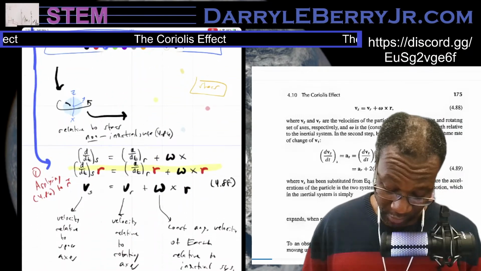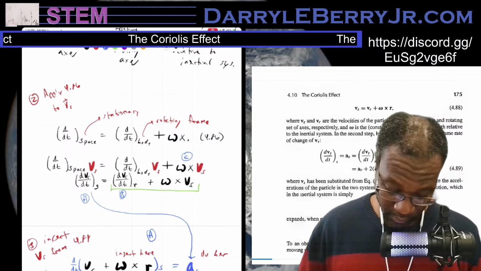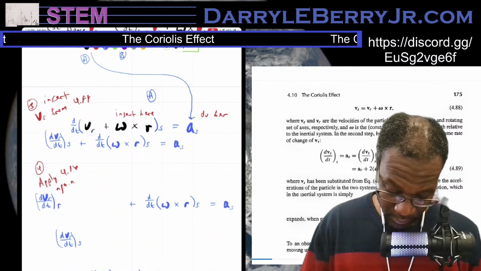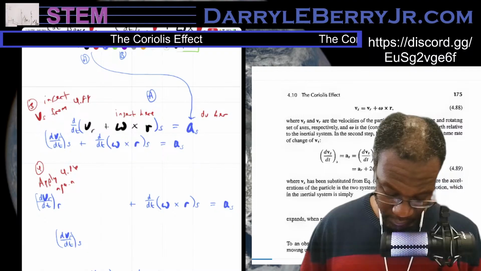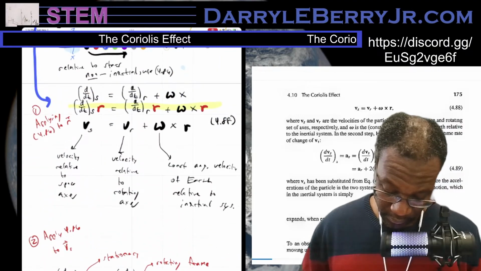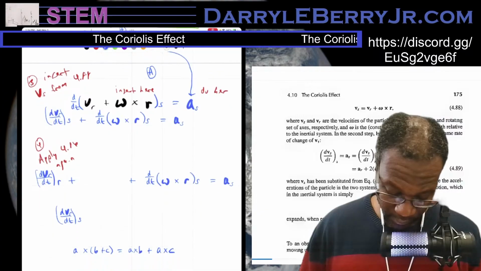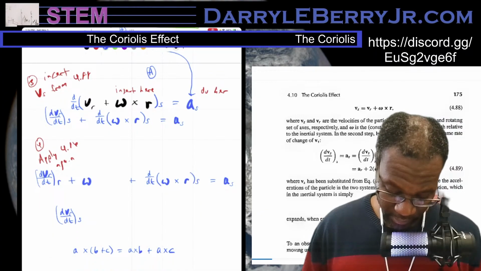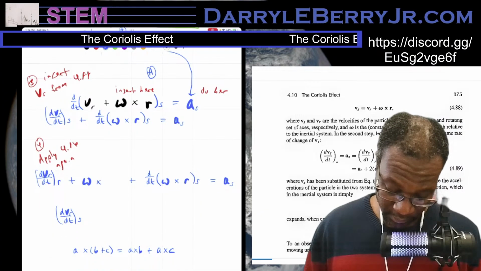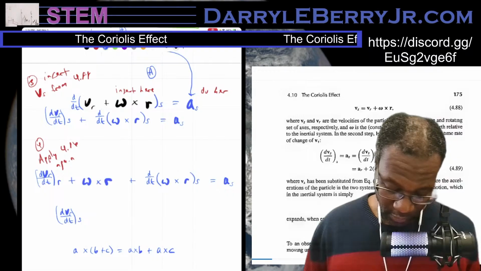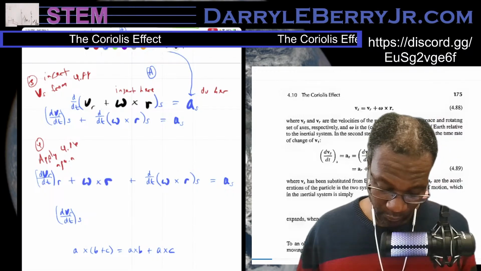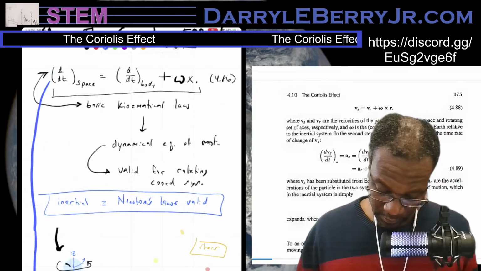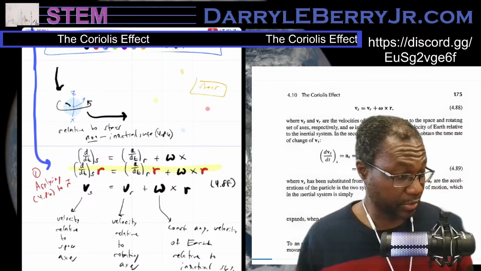So on the other side, it becomes R over here, plus omega cross the correction R, or just some correction.